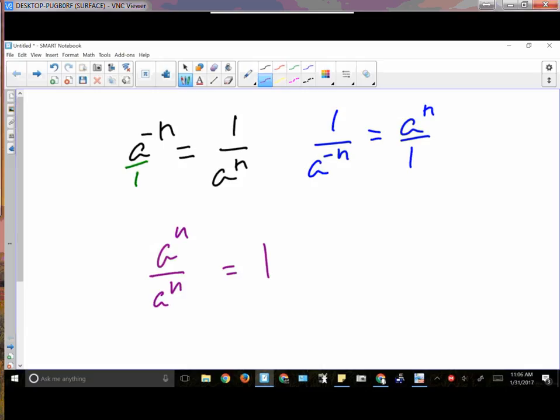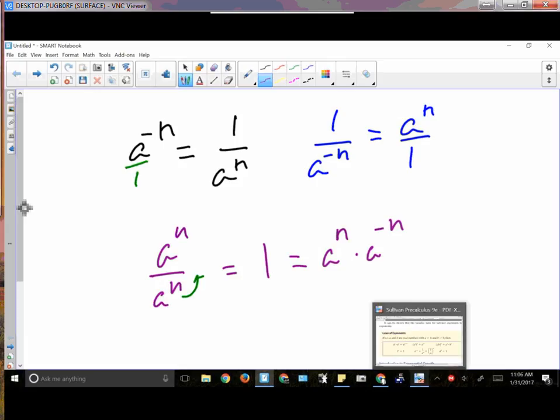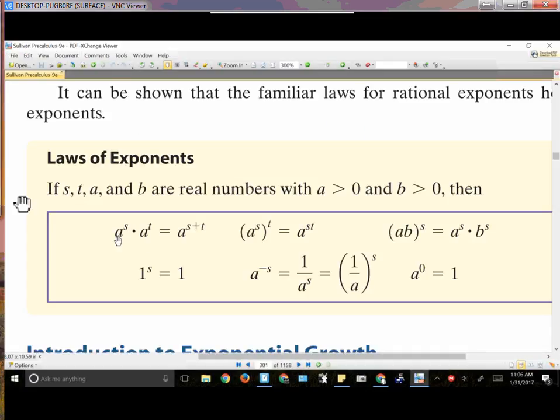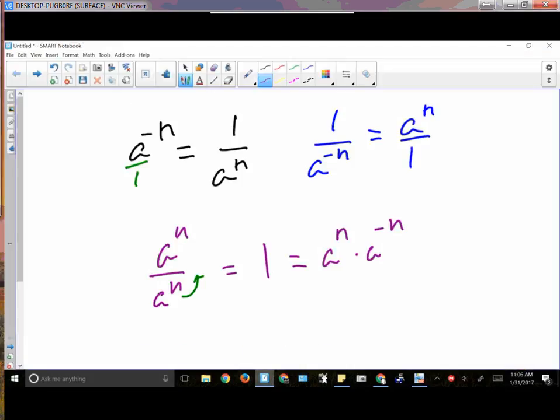Same thing on top, same thing on the bottom. If I rewrite this idea and move this up here, I would end up having a to the n multiplied by a to the negative n, correct? And according to our rules, if I have things multiplied together, I add the exponents. So if I add the exponents here, I end up with a to the 0. This is why anything to the 0 power goes to 1.